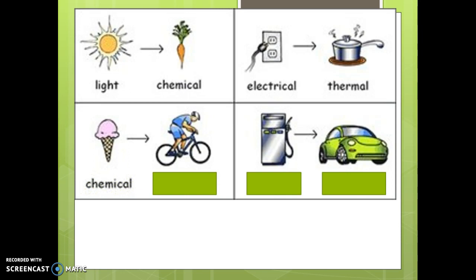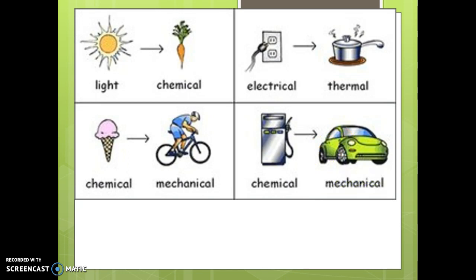We eat food, which allows us to move our body or have mechanical energy. And then the last one on here, this would be a gas pump, and that gas is a form of a chemical. So chemical energy can be converted and pumped into this car. This car will then move, and so we would call this car mechanical energy.